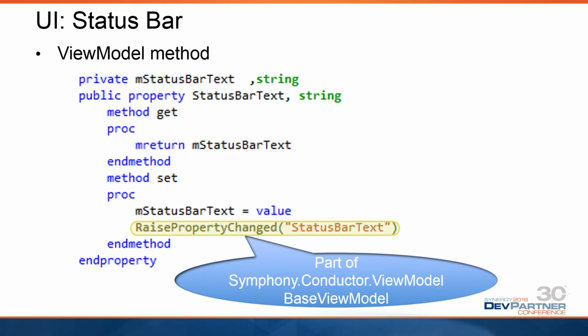When we've set it, we raise a signal, raise property change, which is part of the Symphony Conductor base view model, that if you looked at the code, it does extend. Status bar text, and that's the value. So that's the property we've added to the view model to be the connector essentially between a status bar piece of text in the view and our program in the traditional toolkit sense of the word.